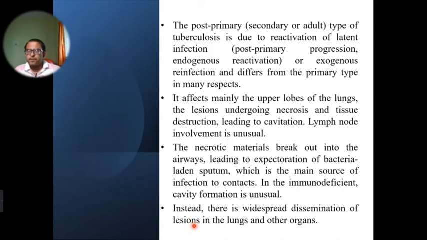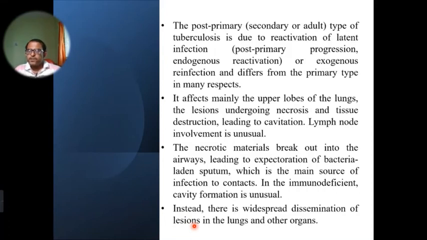And during that, whatever content has come into the airway passage comes outside through the mouth as sputum. And in that sputum, there is a tremendous amount of bacteria, which may then act as a source of infection to those who come in contact.